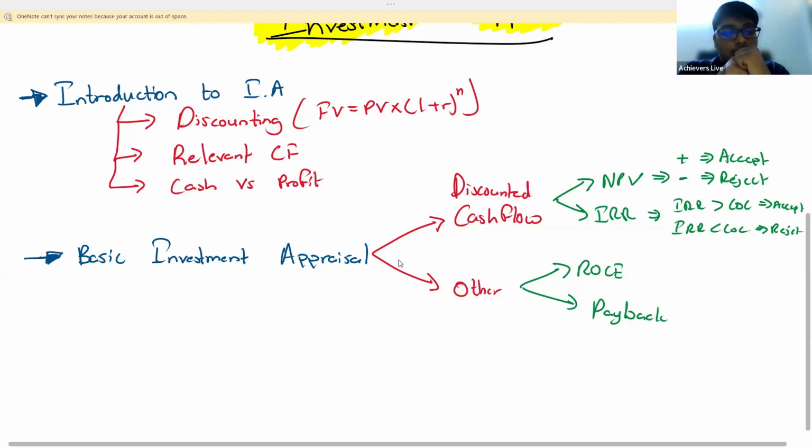Disadvantages: it is not an absolute measure; if you use interpolation, it is just an estimate, not an accurate figure; it is complicated to explain and to calculate; and if you have non-conventional cash flows, you can get maybe zero, one, or two IRRs. The final disadvantage, we'll look at later.